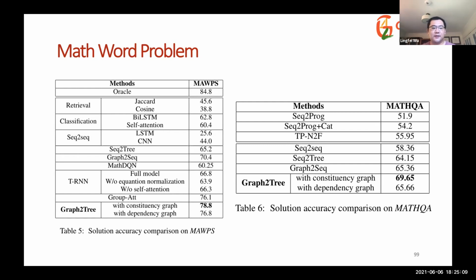The second important point is that current math word problem approaches tend to use a trick called equation normalization, that essentially tries to reduce the complex math equation into the same format. For example, as we all know, in order to solve a math problem, many different people can come up with different math equations to solve that.